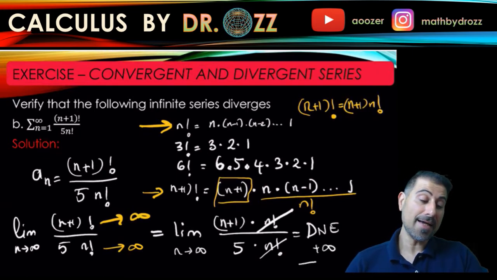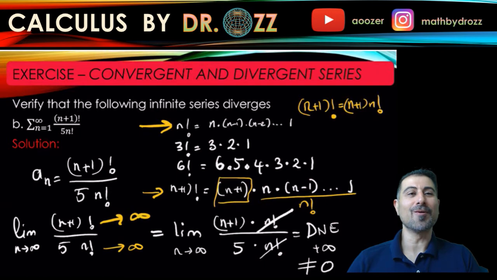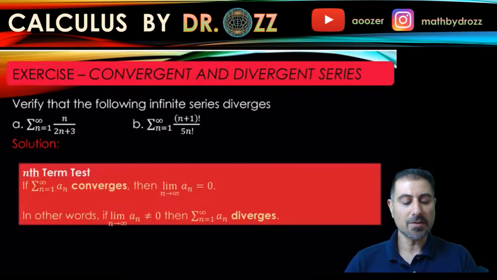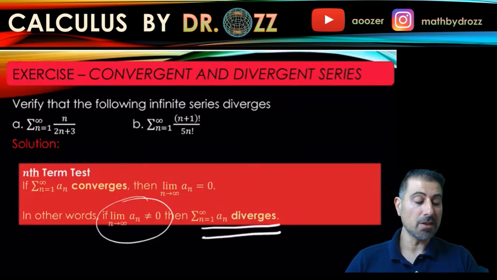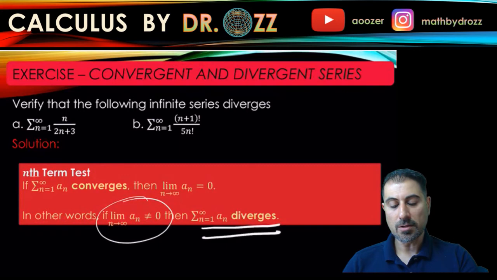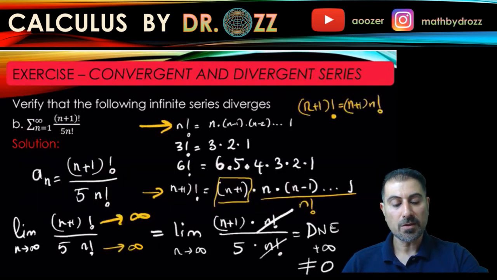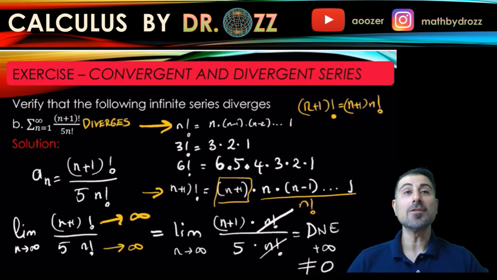Which is definitely not equal to 0, okay? So this allows me to use the n-term test, because if the limit is not equal to 0, then the infinite series diverges. So going back to here, I can perfectly conclude that this series diverges by the n-term test.